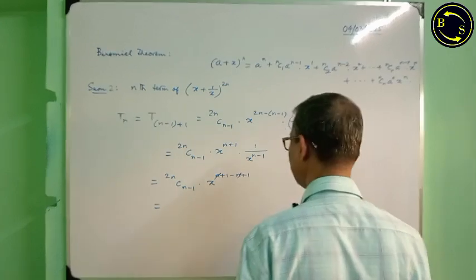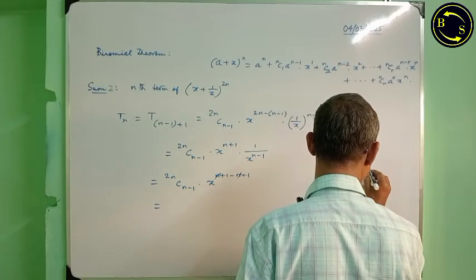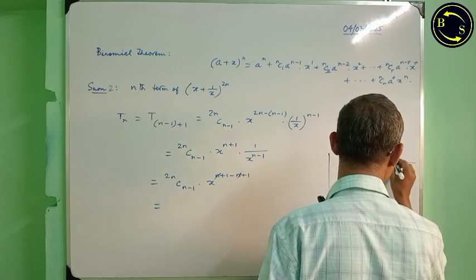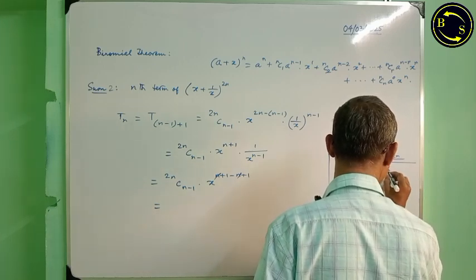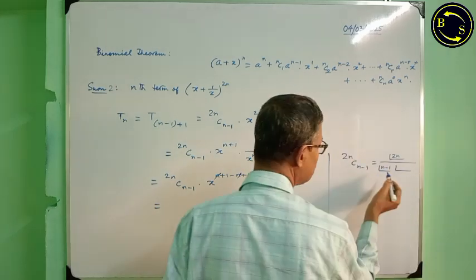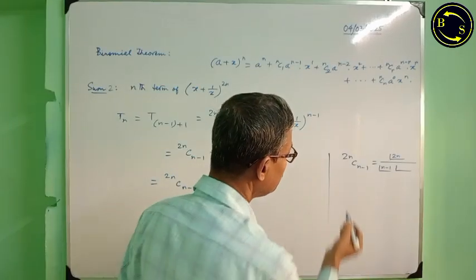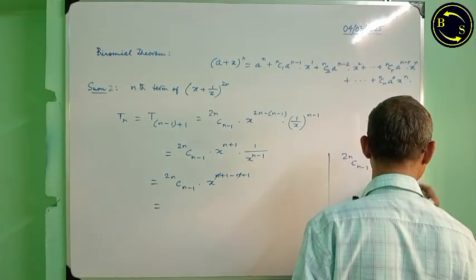We calculate that 2n C n minus 1, factorial 2n, factorial n minus 1 into factorial n, this minus this, n plus 1.